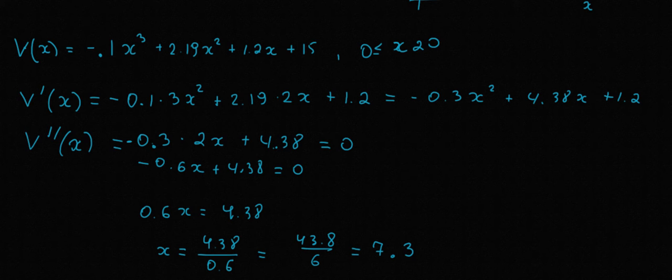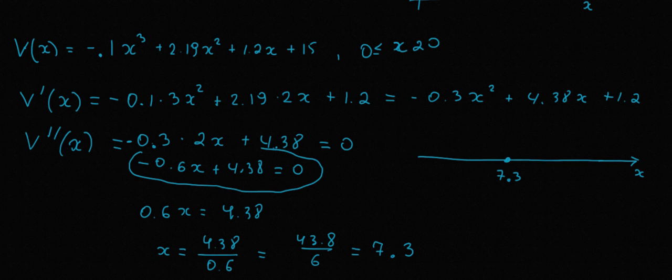Both of these are fairly simple. If you draw the number line and mark this point, 7.3, let's say this is x, we have our formula for the second derivative right here: negative 0.6x plus 4.38.